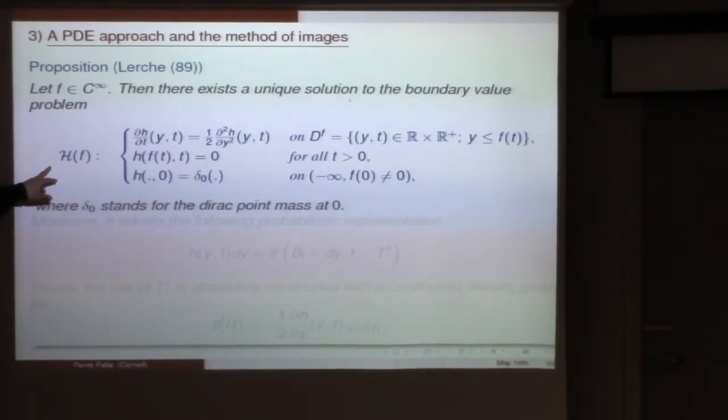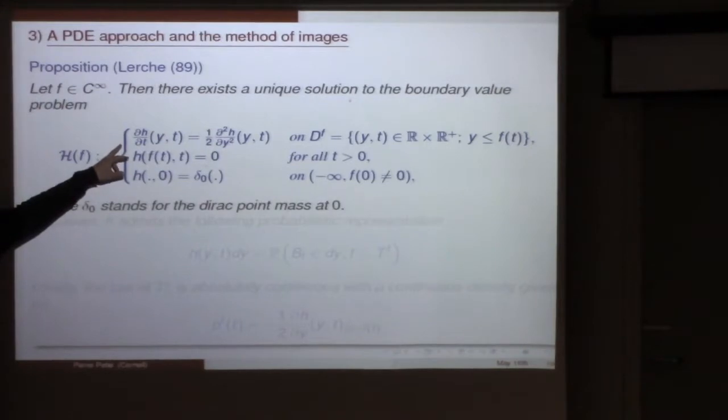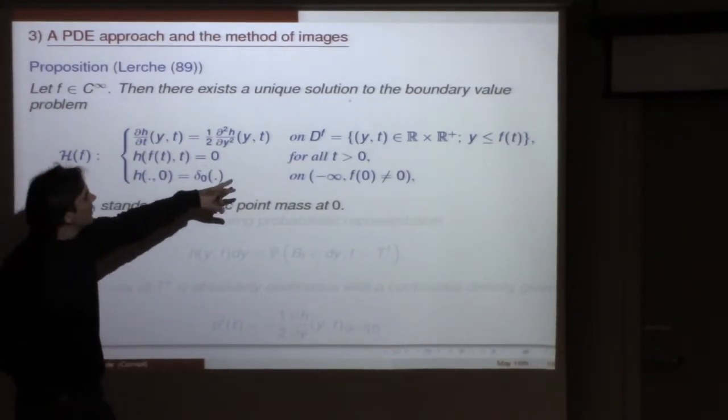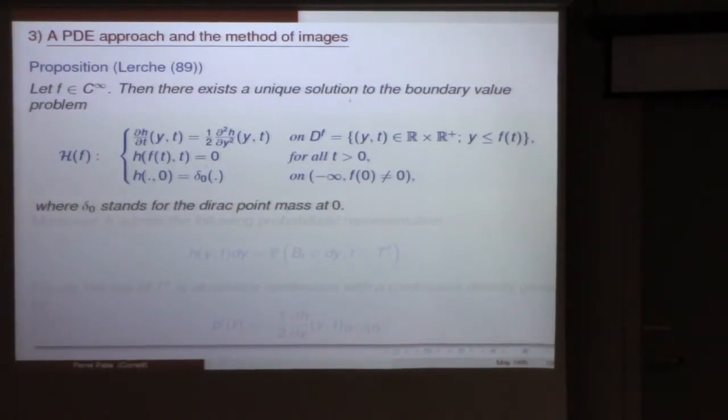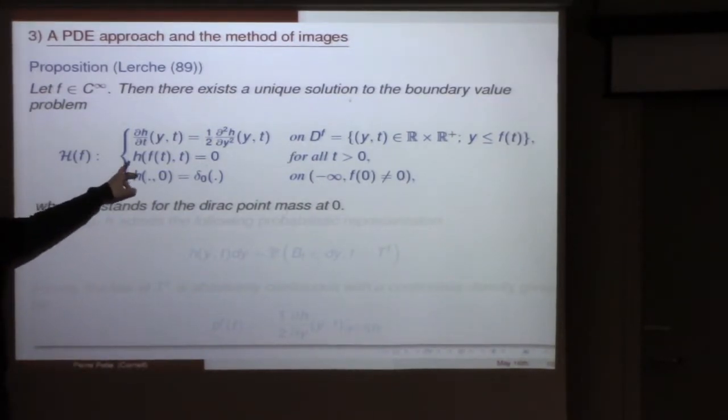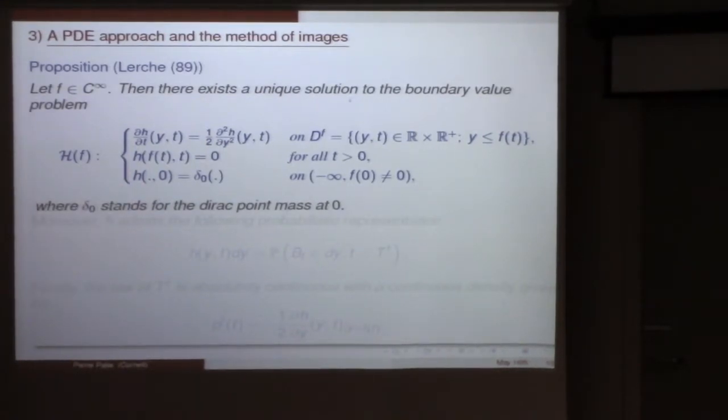I'm considering now the solution to this boundary value problem, where you have the heat equation in the domain D_f, and the domain is given by the moving boundary f. Then I have this boundary condition: at (x,y) equal to f(t), we have the Dirichlet condition, absorbed there, and we have this initial condition at time 0, with the Dirac mass at 0.